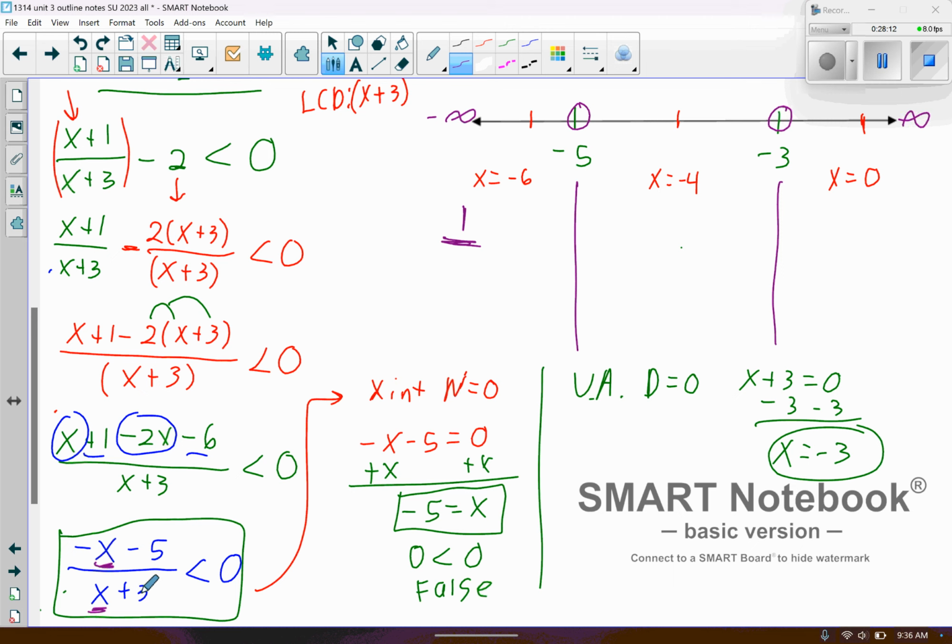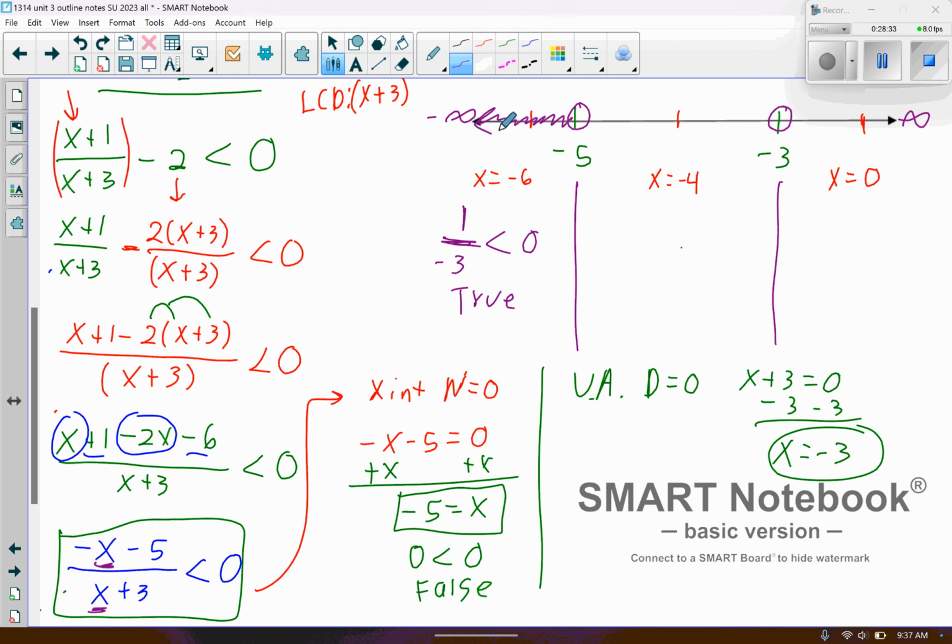Then -6 plus 3 is -3. Now we're trying to figure out, is this less than 0? Well, yes, 1 over -3 is a negative number. Negative numbers are less than 0, so this comes back as true. So that first part is true.